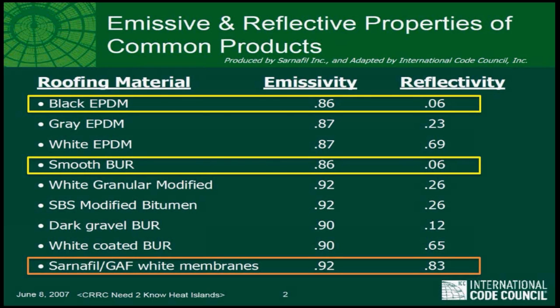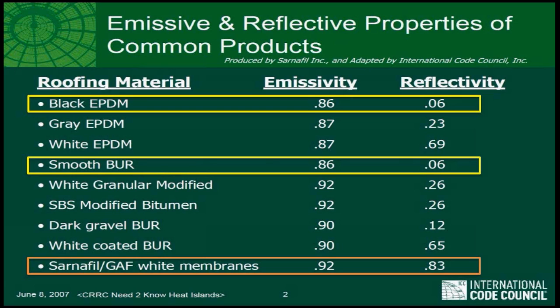basically Sarnafil. I also had another diagram, another table that I put up from a few other references. You can see in here that the black EPDM has a very low reflectance. It absorbs 94% of the energy, and its emissivity is around 0.9, around 90% of the idealized black body.